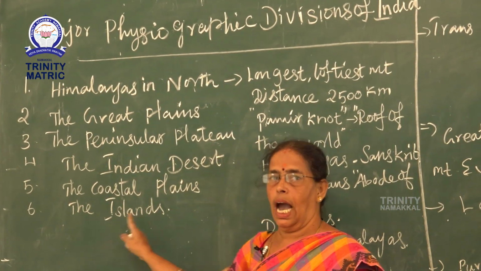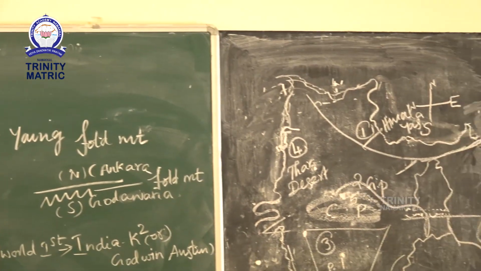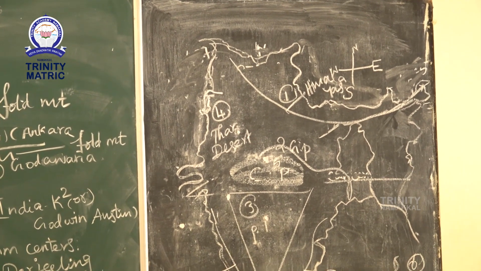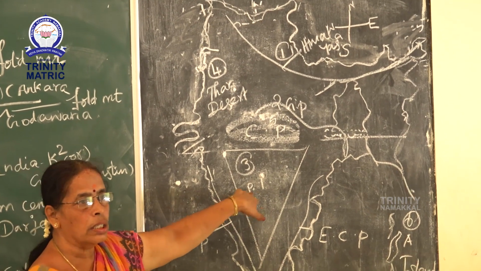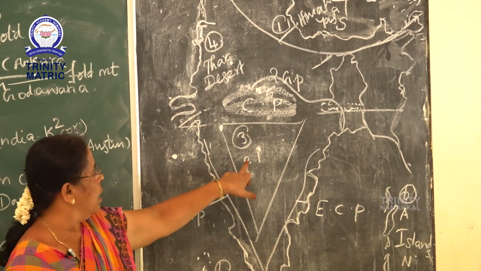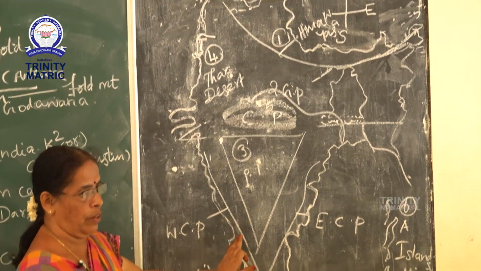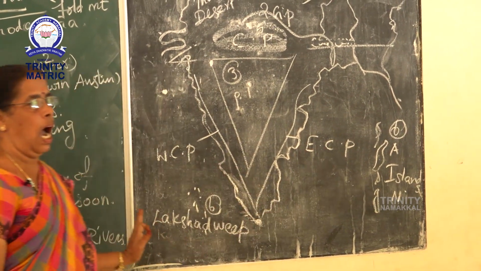Sixth, the islands. If you see the map, first the northern Himalayas, second division Great Plains, then third division Peninsular Plateau. Here, look at the board. This is the third division, and fourth division the Great Desert. Fifth division coastal plain. Sixth division, that is the islands.